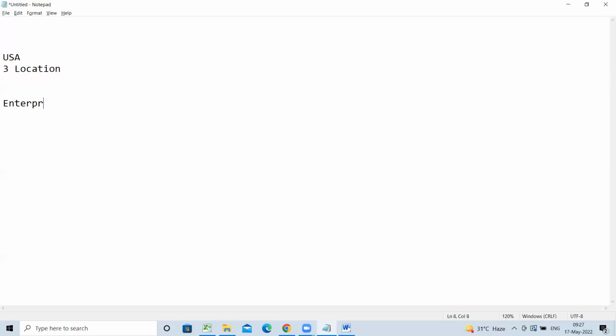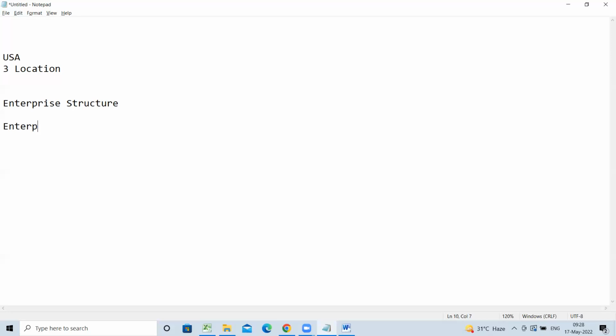3 locations for 3 BUs. Enterprise structure. Anyone who is very clear about what we discussed, please. So one enterprise. How many enterprises? Only one.